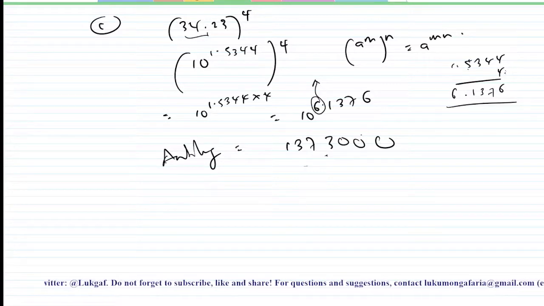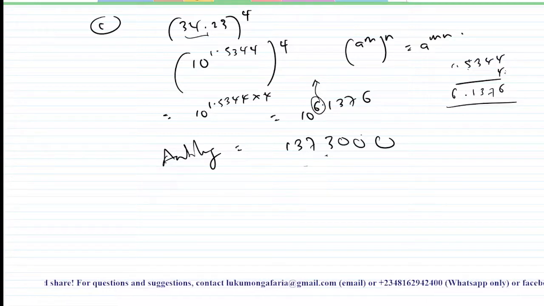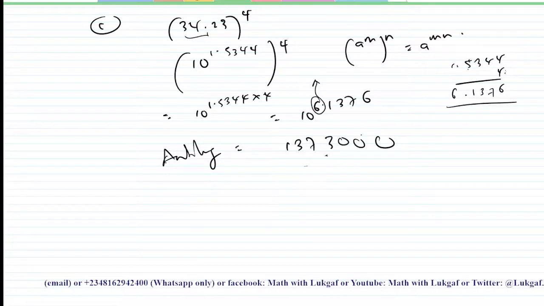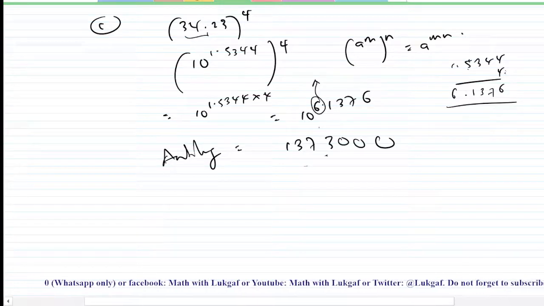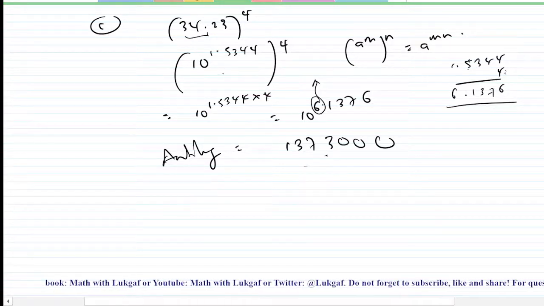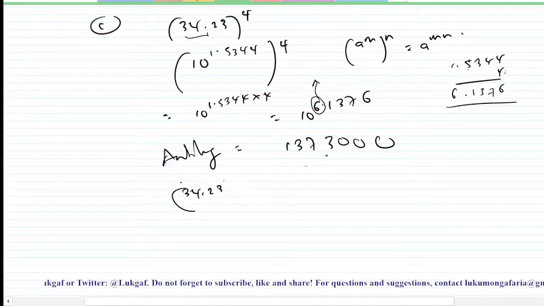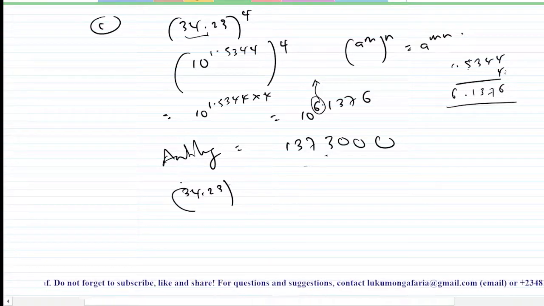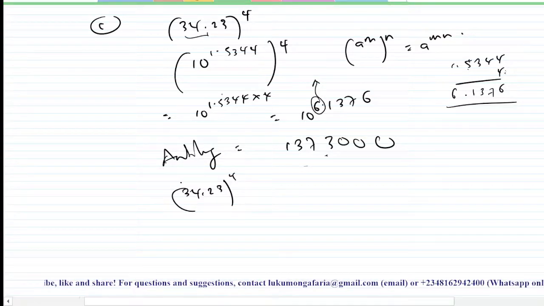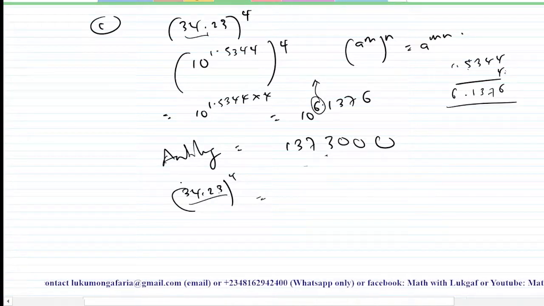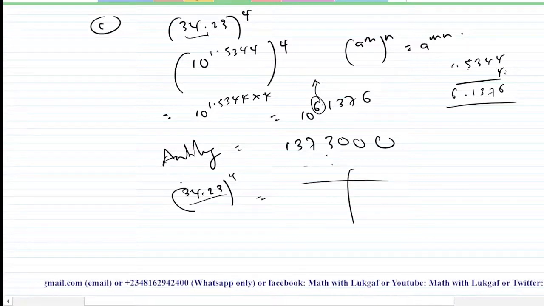By multiplying this by itself, how many times? 4 times. So you will see that you are going to get the same result, or a result that is very close to that. If that is clear, then another deduction we can have here is that if you want to simplify something of this nature, a number in power, using your logarithm, you don't need to stress yourself. Just take the logarithm of this number.